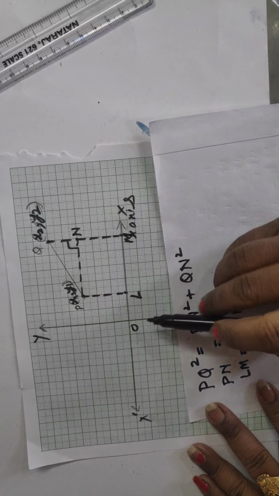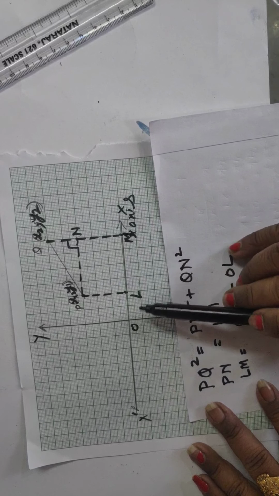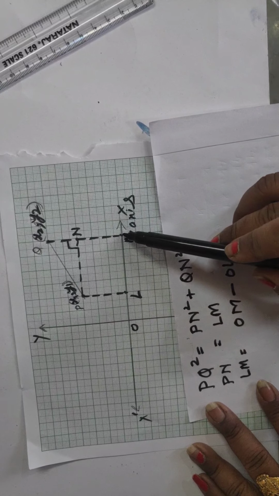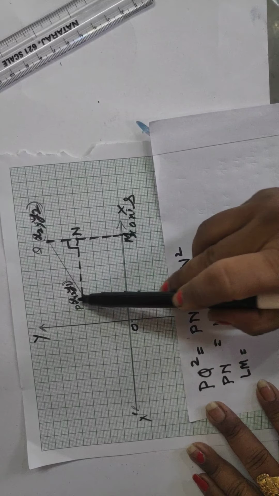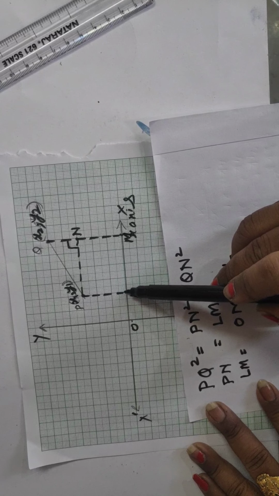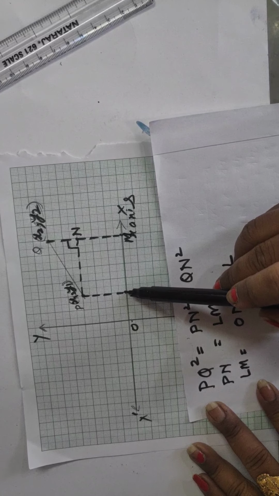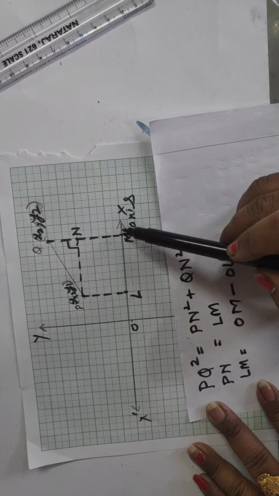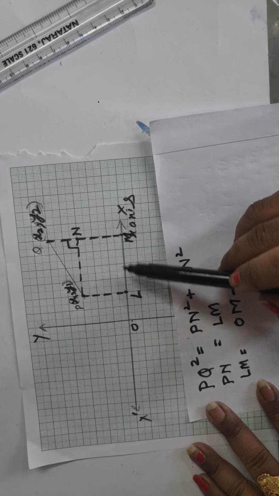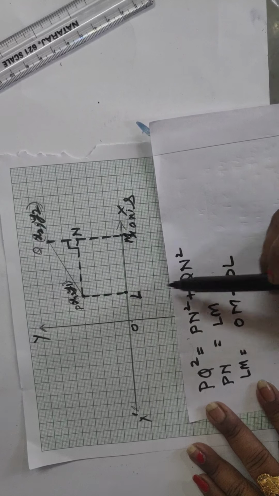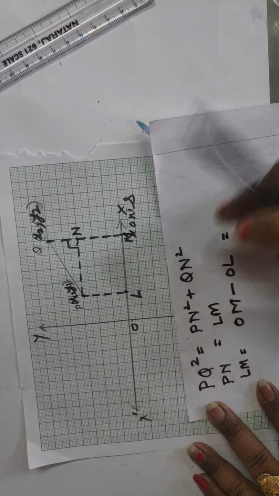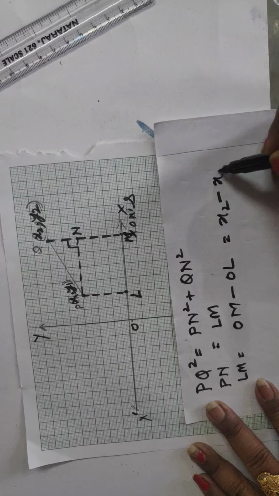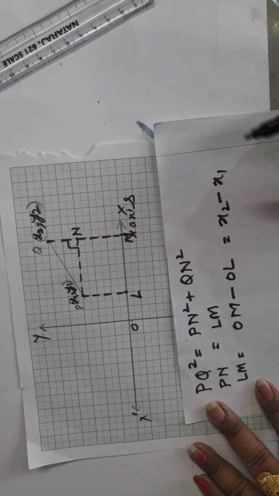Now what is the value of OM? Please see, OM is x2 and OL is x1. This is the point x1 on the x-axis. On the x-axis, the y ordinate is always 0. So we have OM minus OL, that is x2 minus x1. I hope it is clear.